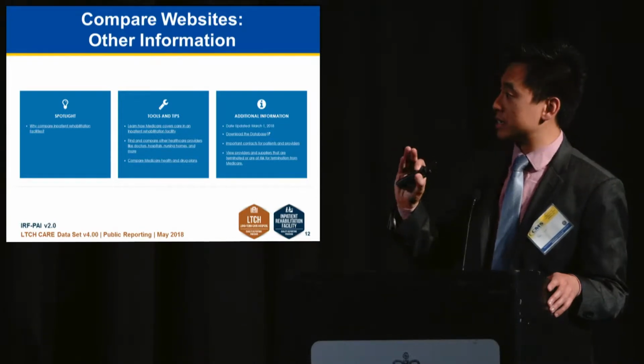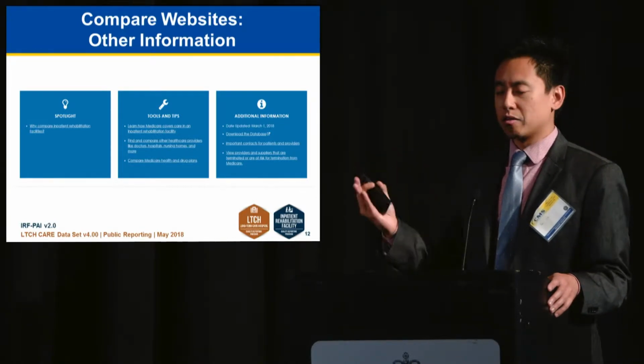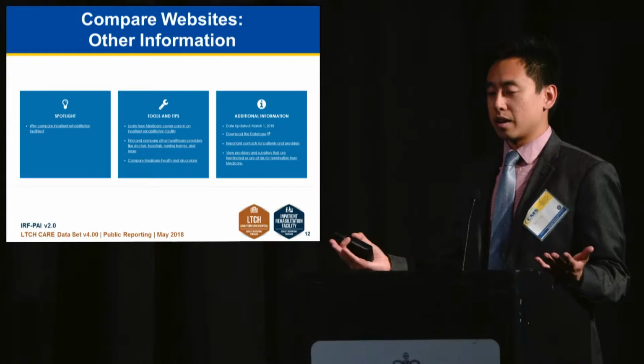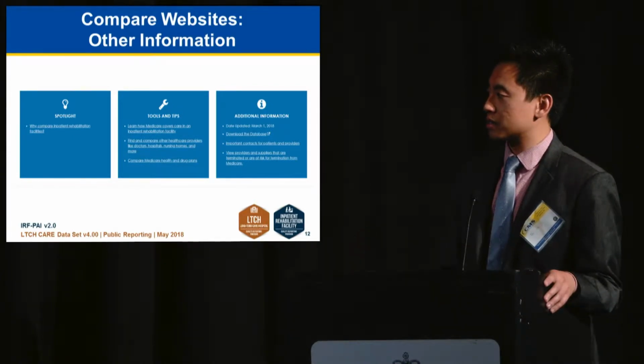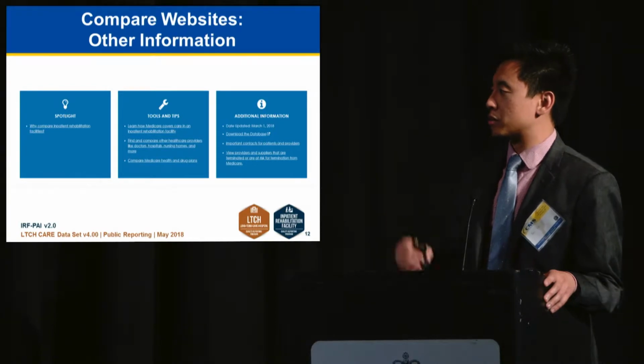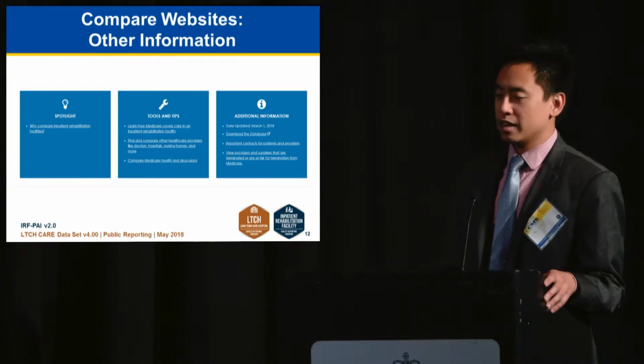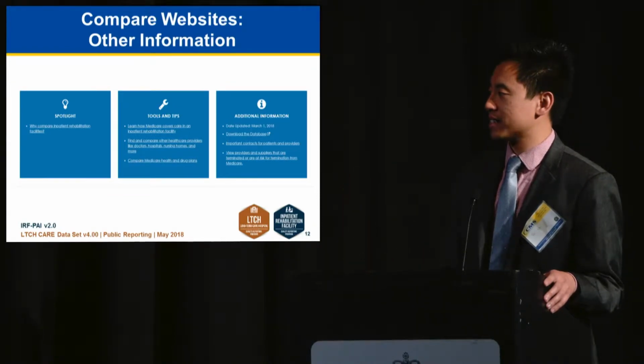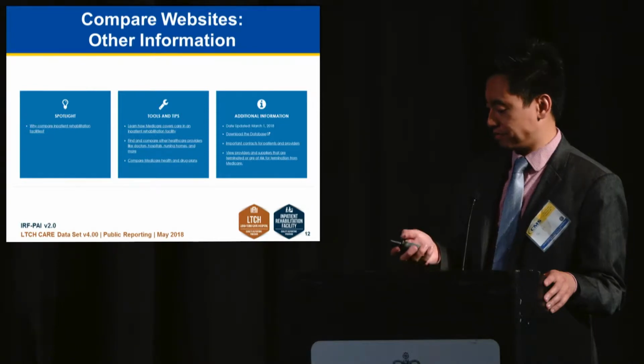You can click on the middle link, and it'll show you the other Compare websites that are available. And to the right is additional information, such as a link to data.medicare.gov, contact information, help desk contacts, etc.